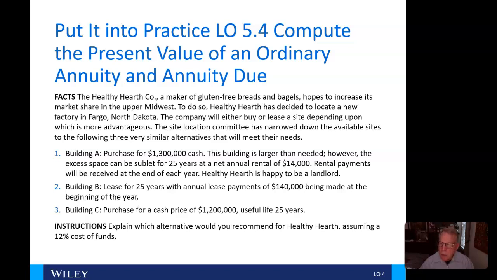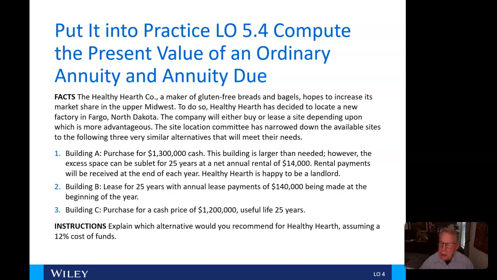Under option 1, building A, we purchase it for $1.3 million cash. This building is larger than needed. However, the excess space can be sublet for 25 years at a net annual rental of $14,000. Rental payments will be received at the end of each year. Healthy Heart is happy to be a landlord.